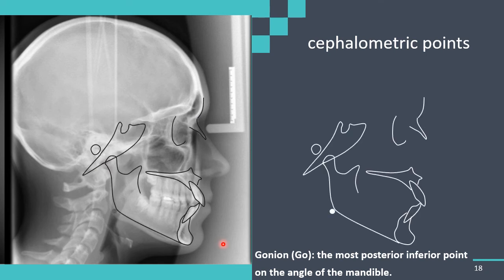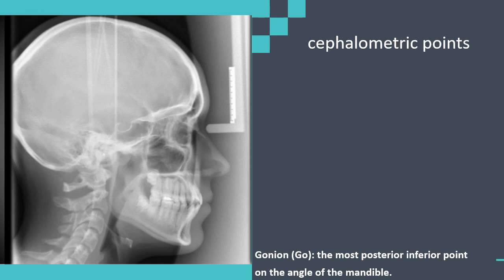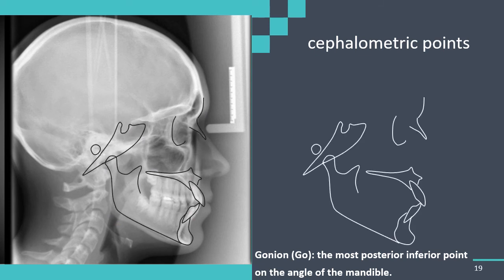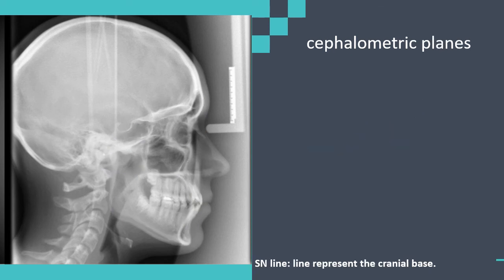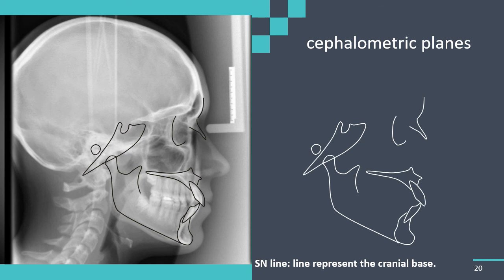The gonion is the most posterior and inferior point at the angle of the mandible. Here is the gonion.